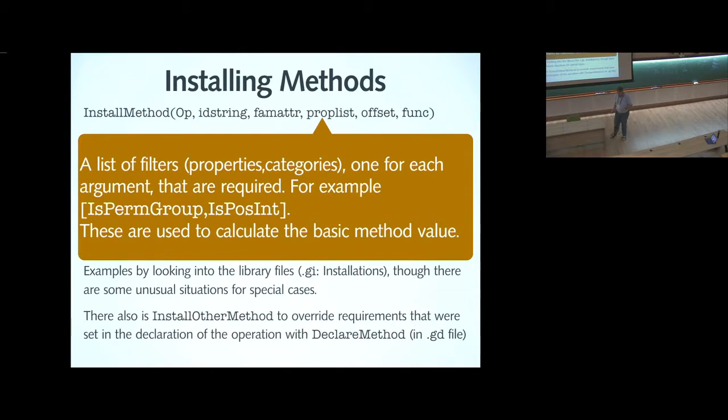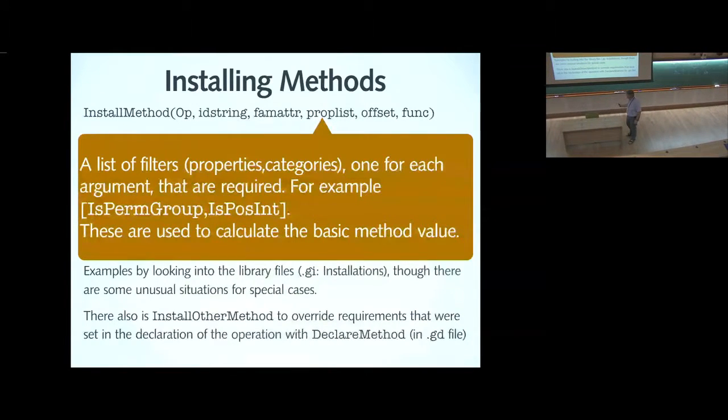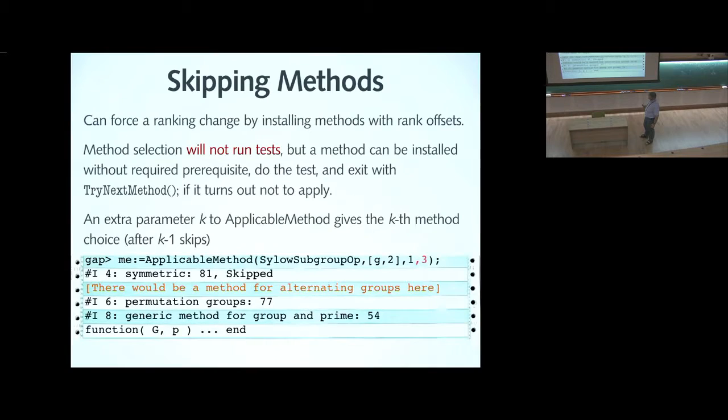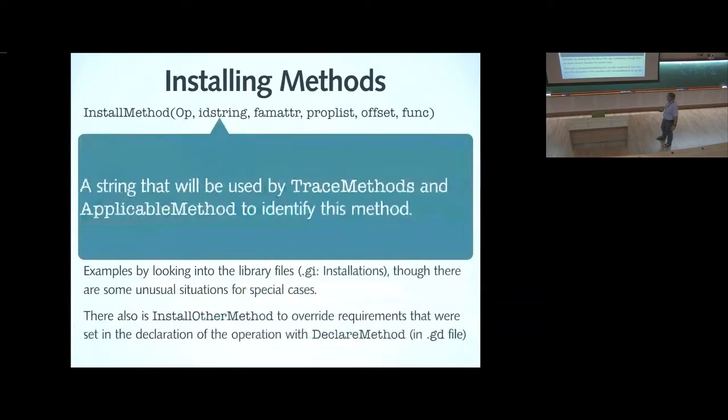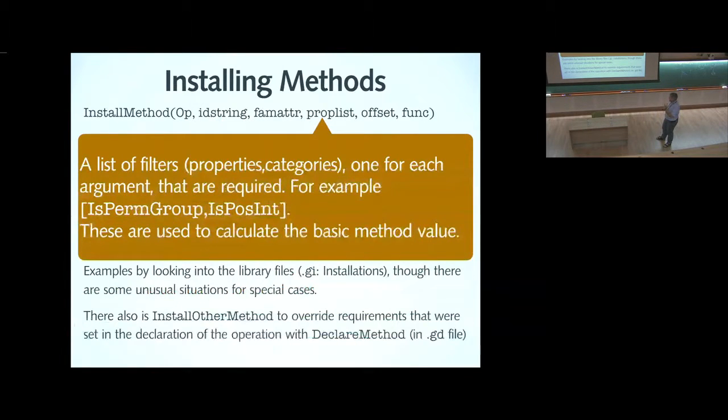So I said the most specific, what it actually does internally, depending on what conditions are there and what they internally imply, a numeric value is calculated. And on the previous slides, actually, these numbers here were the numeric values of these methods. And that is used for ordering the methods to decide which one to try first.